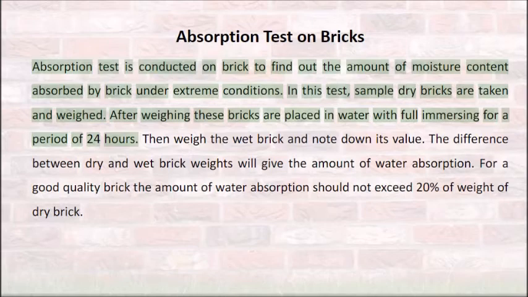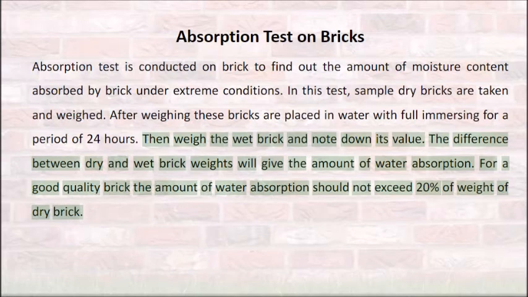After weighing, these bricks are placed in water with full immersion for a period of 24 hours. Then weigh the wet brick and note down its value. The difference between dry and wet brick weights gives the amount of water absorption. For a good quality brick, the water absorption should not exceed 20% of the weight of the dry brick.